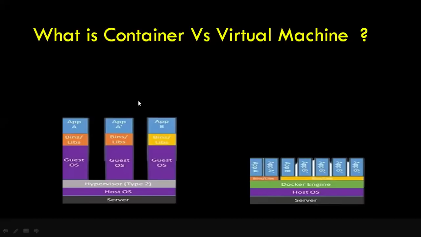The same thing is applicable with the virtual machine. If you see the image here, each virtual machine needs an underlying operating system installed. Here also your Linux, here also Linux. You want to run three different applications. You need to install three different operating systems in each VMware, and then you need to test it.